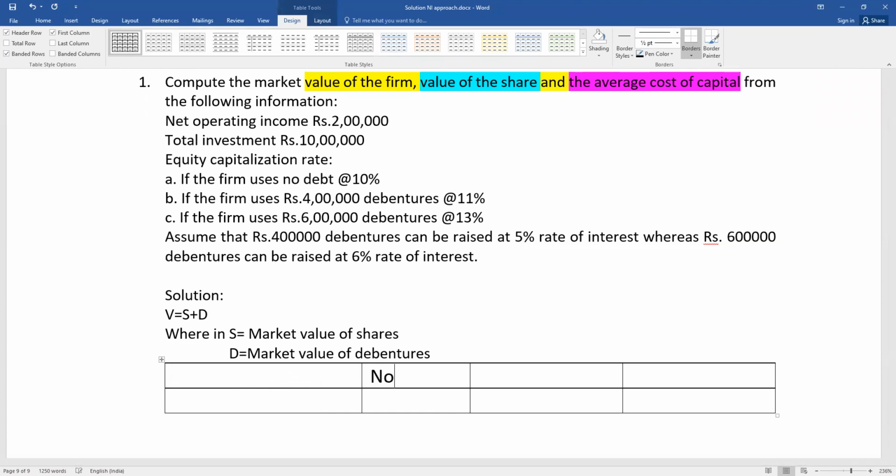We have a situation of no debt here. And in the second situation, we have a debt of 4 lakhs. And next we have a debt of 6 lakhs.